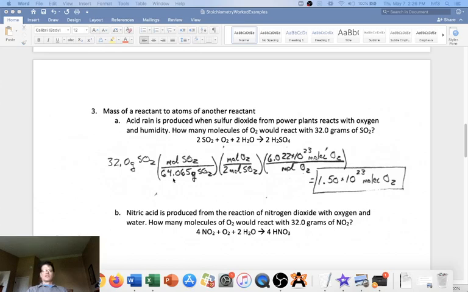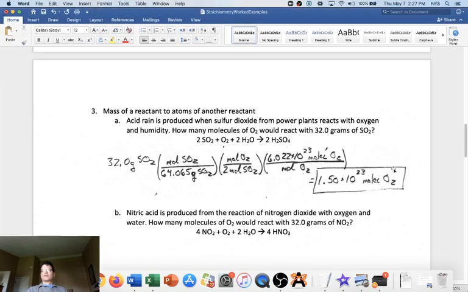Again, get the molar mass from the periodic table. Grams cancel, and you have moles of sulfur dioxide. And then it's a 1-to-2 ratio to get moles of oxygen. In this case, the problem is asking for how many molecules, and we know it's 6.022 times 10 to the 23rd, Avogadro's number, of molecules per mole.